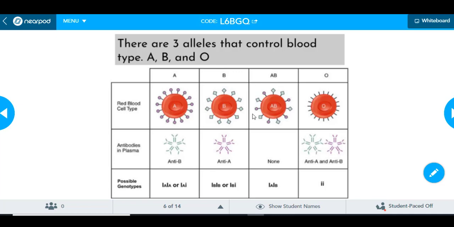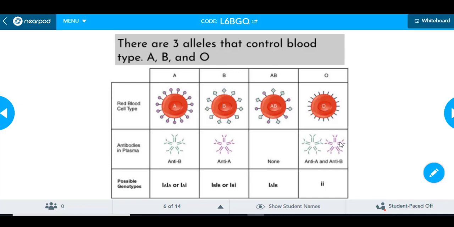That's why people with AB blood are sometimes referred to as universal recipients, because they can get A blood, B blood, O blood. They don't make any antibodies. They don't make any antibodies towards either one. And then O has both.